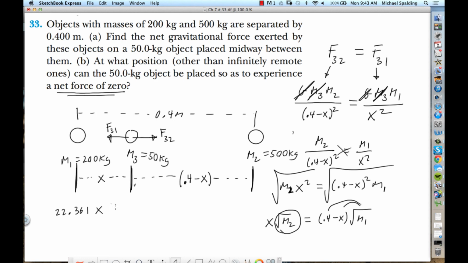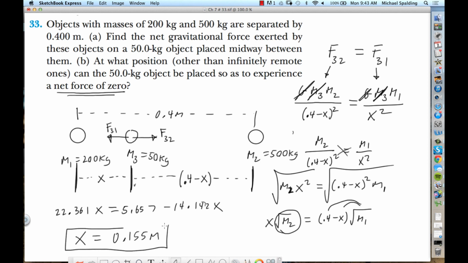Okay, and then that's going to be equal to, so when you distribute this, you're going to get 5.657 minus 14.142x. So when you solve, the only thing missing in there is x. So when you solve this for x, you get 0.155. So that's 0.155 meters from the 200 kilogram mass.